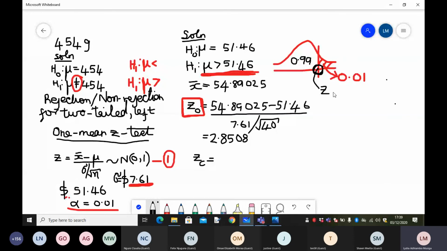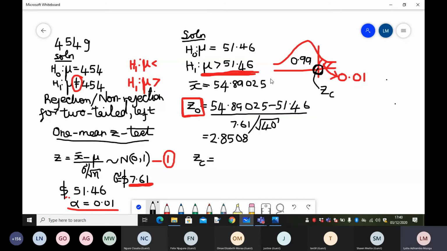So to determine Z critical, we go back to our lovely tables and look for the Z score value which gives us an area of 0.99.